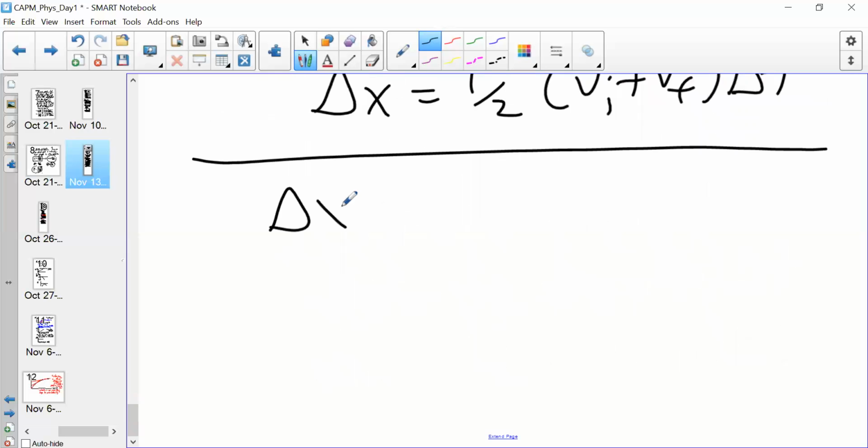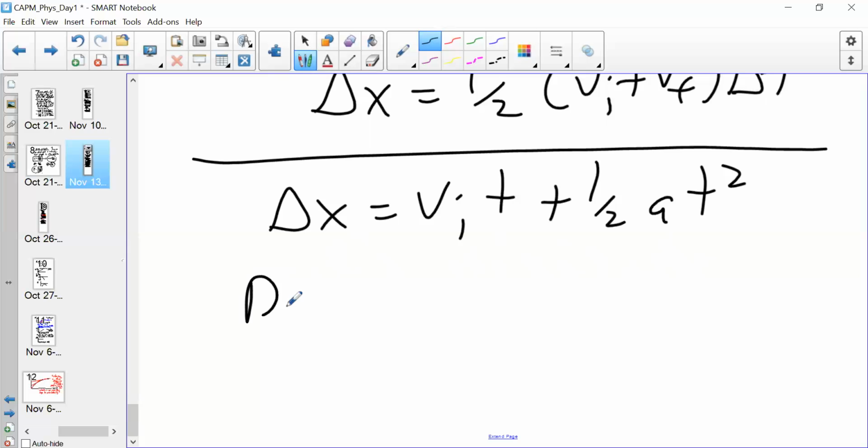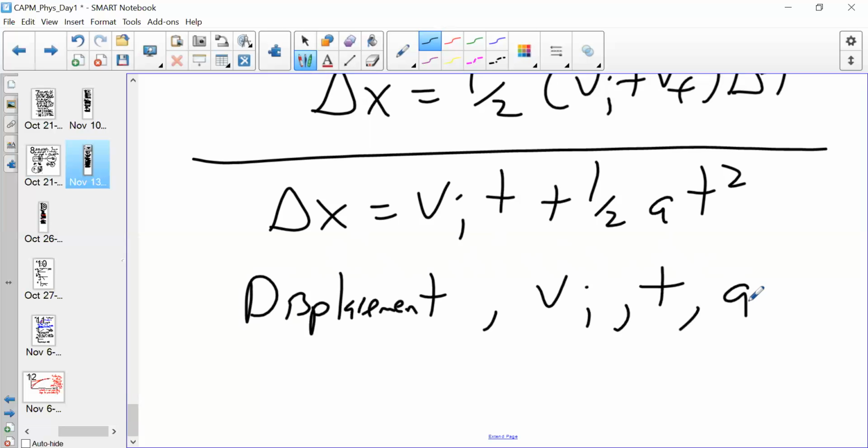So I can find displacement. This is finding displacement when I know my initial velocity, my time, and my acceleration.